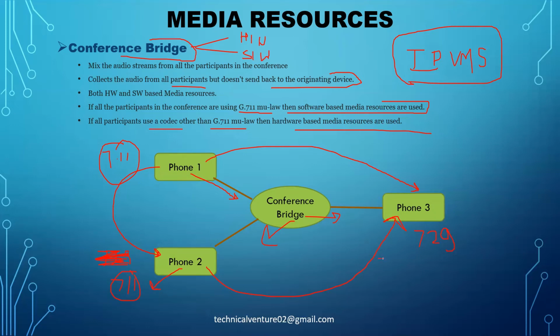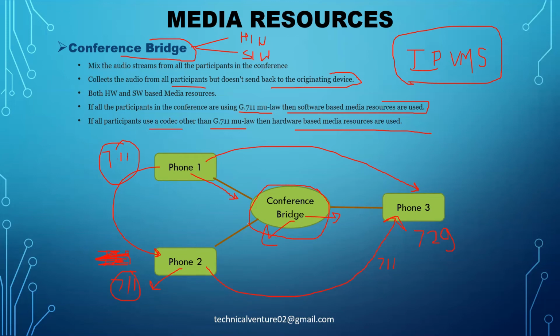But let's suppose phone 3 is using G711 and phone 2 wants to add it in a conference. As soon as phone 2 presses the conference, it will invoke the conference bridge. The bridge will see that phone 2 and phone 3 have the same codec, G711, so they are able to communicate with each other.